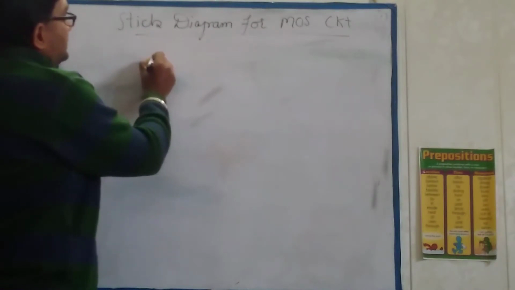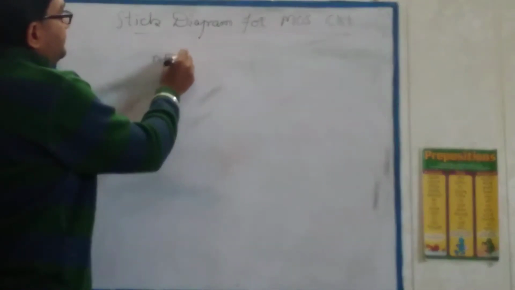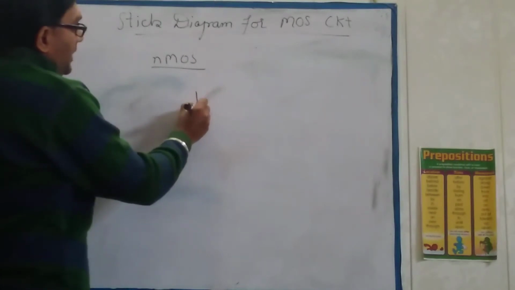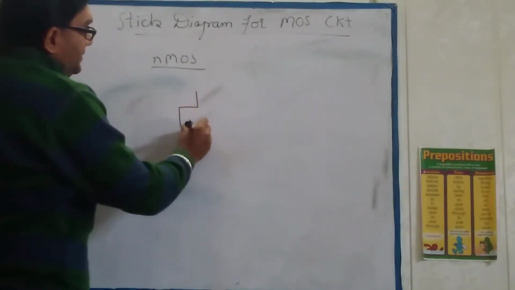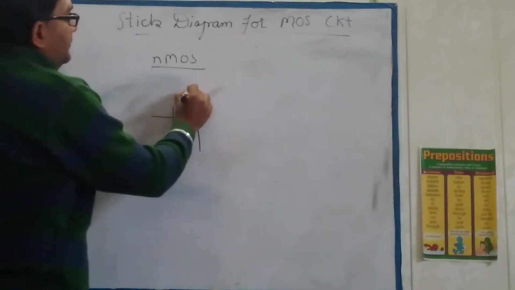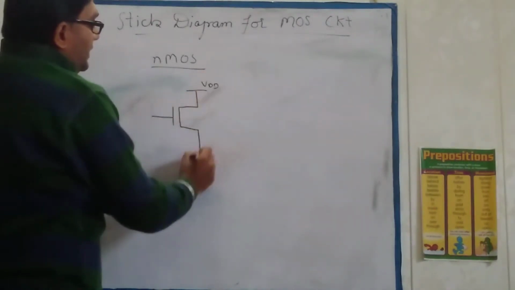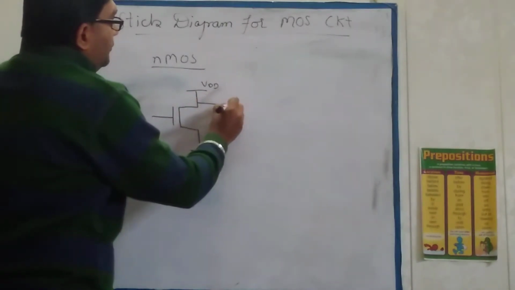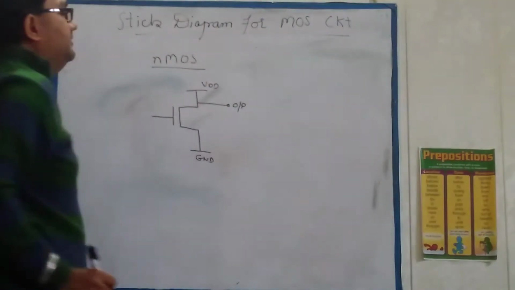So first let us draw the NMOS. NMOS symbolic representation. The VDD on one side and the ground on another side, and the output is taken here.